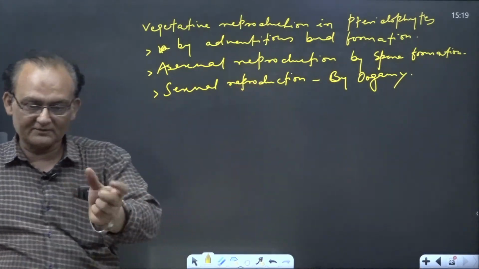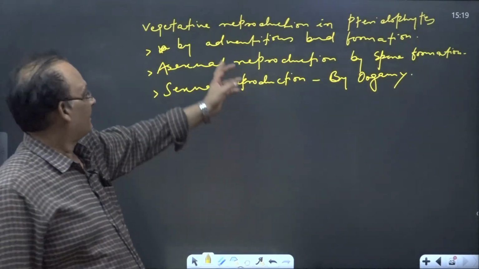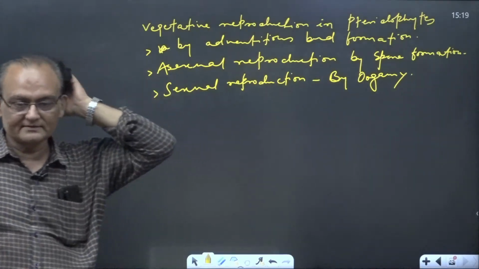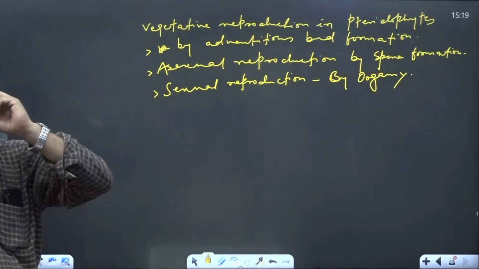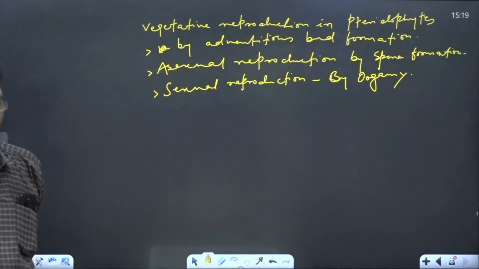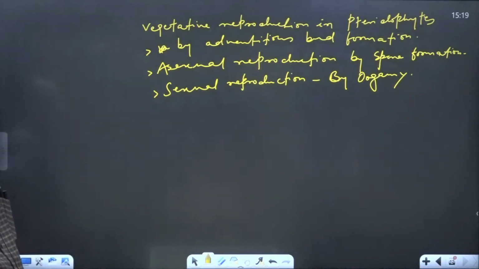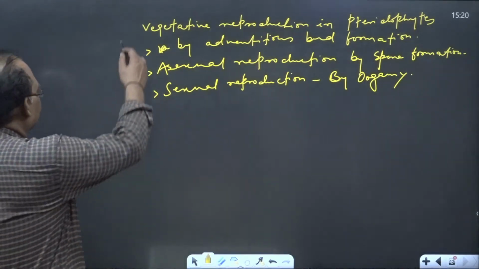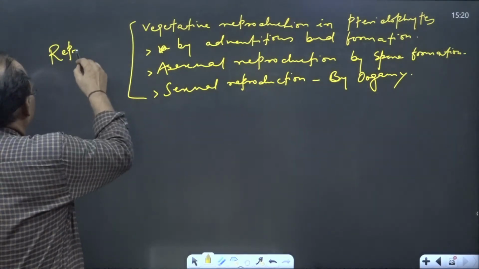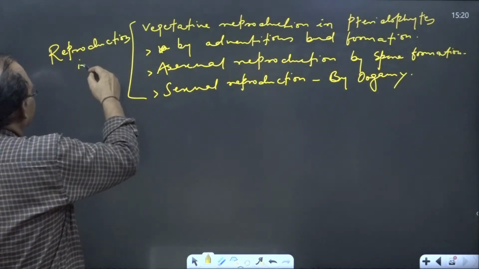Asexual by spore formation: a sporangium is formed, and adventitious buds are formed, and through that also reproduction takes place, right? So these are the reproduction parts in pteridophytes, right?